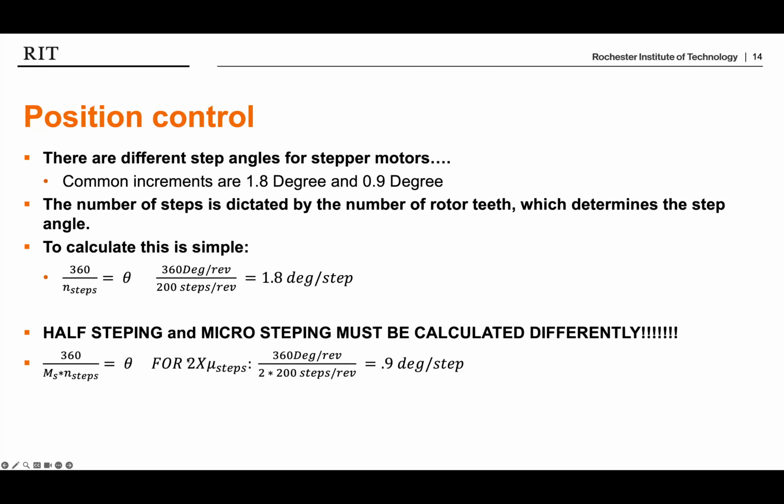In other words, I could have 2x micro steps, which takes my 1.8 degree stepper and drives it down to 0.9. I could have 4x, I could have 8x, and so on. Just a fair warning though, as I increase the amount of micro stepping, I decrease the torque available, and that is usually very considerable.